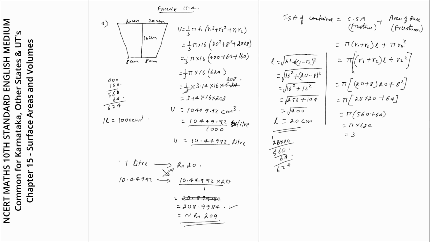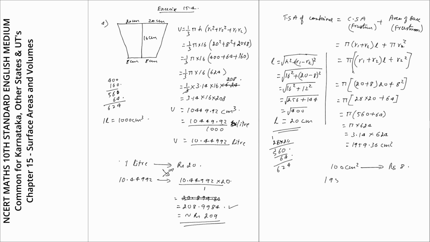Taking pi as 3.14, 3.14 into 624, you will get 1959.36 centimeter square. The calculation I am skipping, it is left to you, please check it out. Now it is given that the cost of 100 centimeter square of that metal sheet is rupees 8.